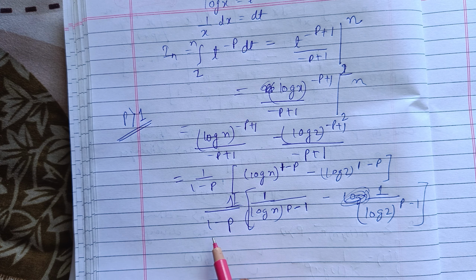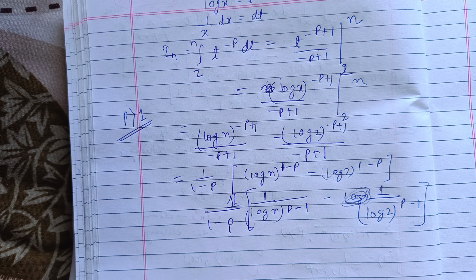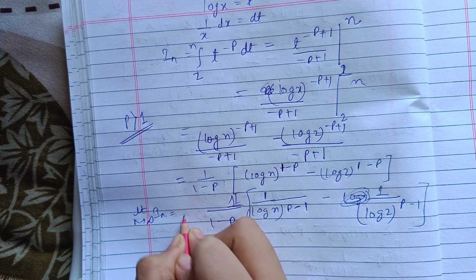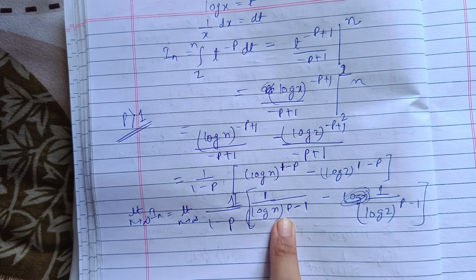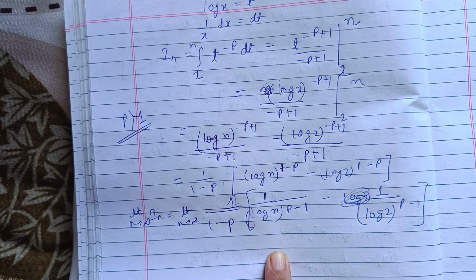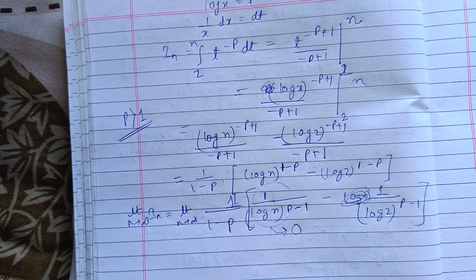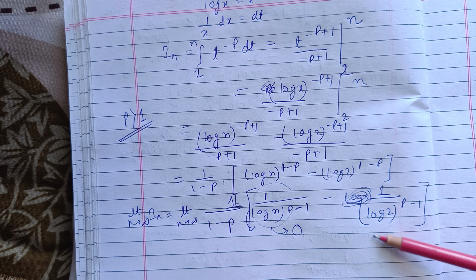Now if you put limit n tends to infinity here and limit n tends to infinity here, when you put the value of n here, you will see that this is becoming 0. Is there any doubt in this? No. So it is becoming 0 and this log 2 will give you a finite number.